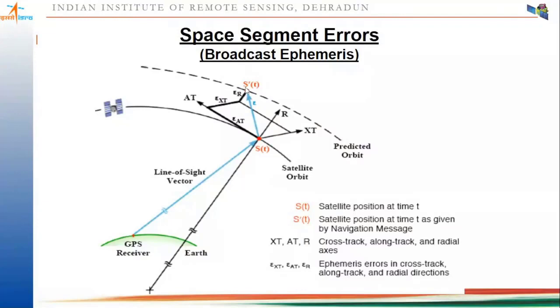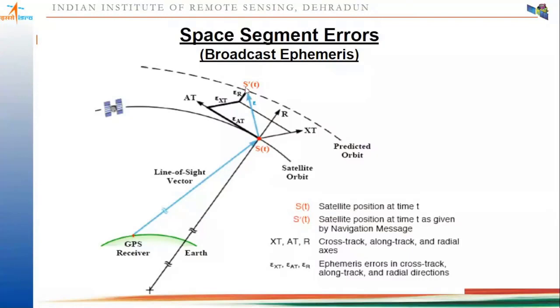One more thing: the satellite is only broadcasting at, suppose, 0 hours, 0 minutes, 0 seconds. Like one ephemeris set, it is telling my position is X, Y, Z at the time 0 hour, 0 minute, 0 second.